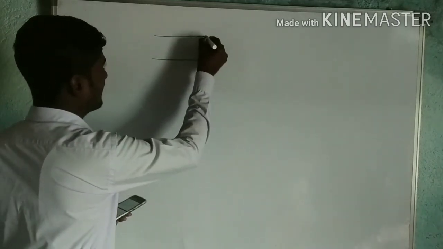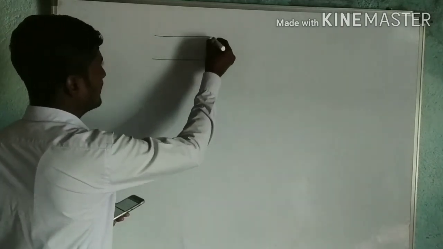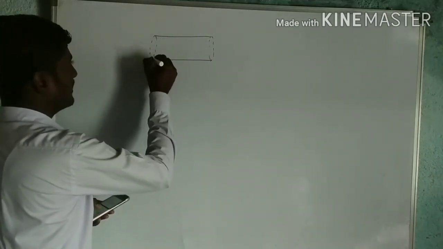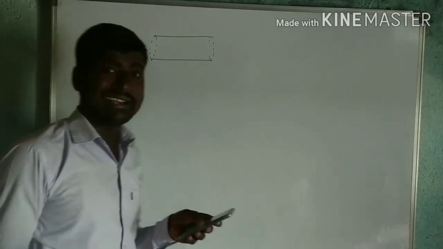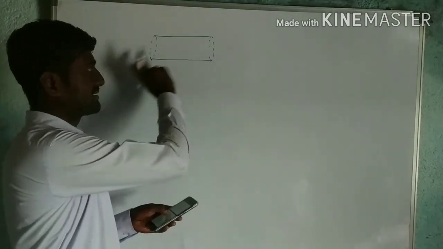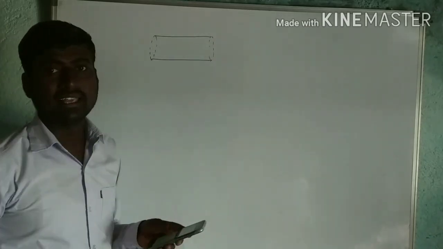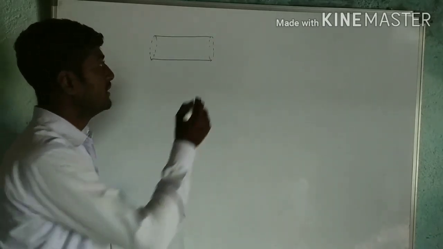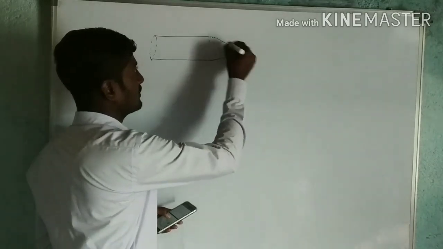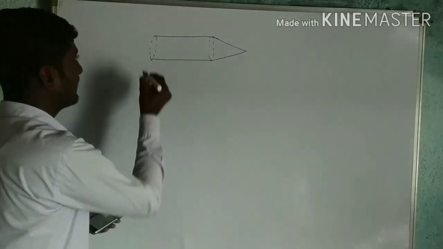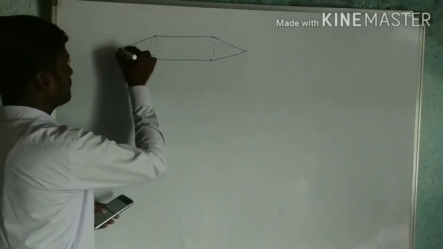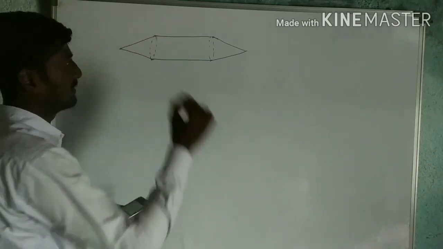I will take this as the cylinder. For this cylinder, he has to attach a cone on both the ends. So let us attach the cone here. This is the cone and this is another cone. He has to attach them.